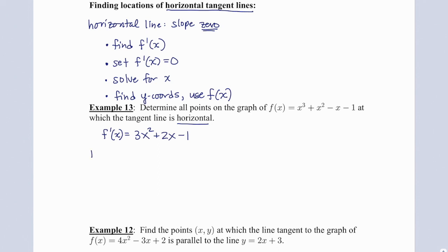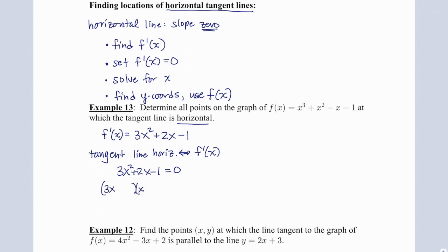Right, and the tangent line is horizontal when the derivative is 0. So we want to set this equal to 0 and solve for x.